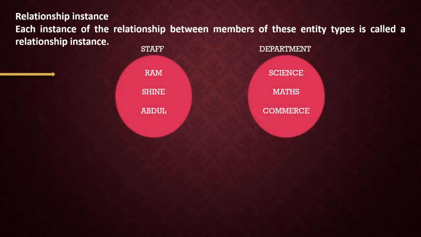In staff, Ram is related with the department science, Shine is related with the department maths, and Abdul is related with the department commerce. So such a relationship is known as relationship instance.